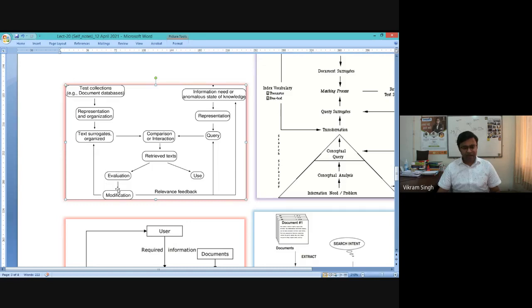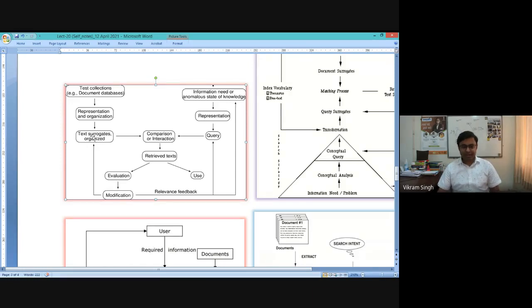And from the back end, as feedback, you can say relevance feedback, it is getting something from the evaluation component, or maybe directly from the relevance. That comes to the text surrogate part only. This is what one of the researchers has interpreted.